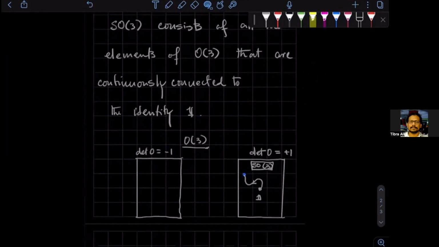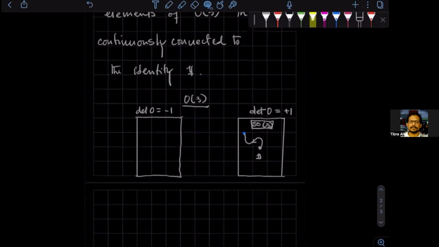So, whereas, to go to the component of O3 disconnected from the identity, you have to apply what we have been calling P, the parity matrix, which is also in O3, but all the elements over here are not connected to the identity, okay?